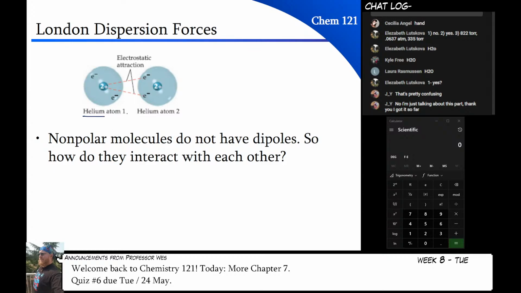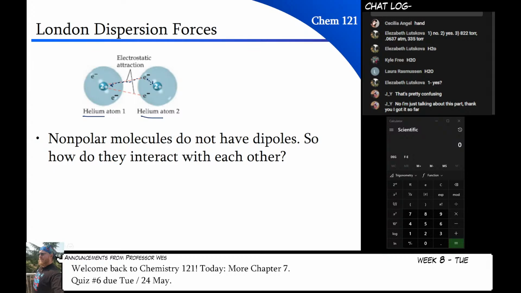I'm going to look at these two atoms of helium. Helium is just 2 protons and 2 electrons, right? My electrons are always attracted to the nucleus of the atom that they are around, but they are attracted to other nuclei too, because opposite charges will attract each other. Positive and negative will draw each other's attention.